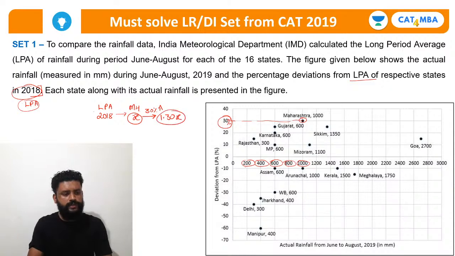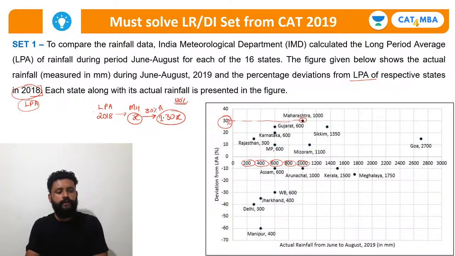Hopefully you know this because this will be 30% plus X, that is 130%. 130% मतलब 1.30x, right Nicole, am I right? Those who are watching this video, let me know in the comment if you understand this. And we know this 1000 is 1.3x.